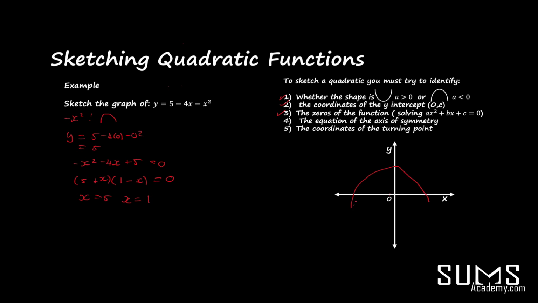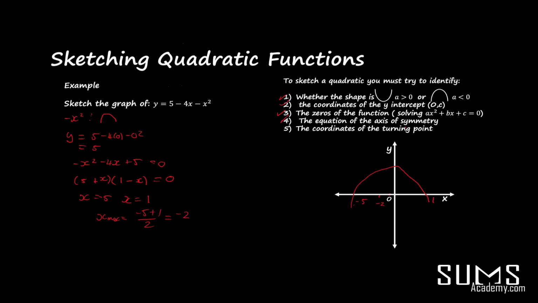That's minus 5, that's positive 1. So the maximum is going to be halfway between these two. So x max is equal to minus 5 plus 1 over 2, which is equal to minus 2. So we know that the maximum occurs at x equal to negative 2.